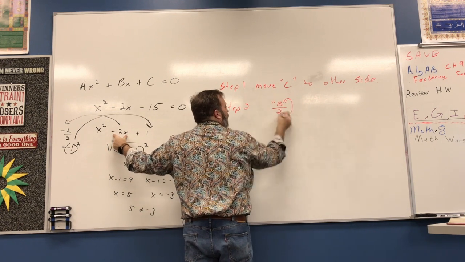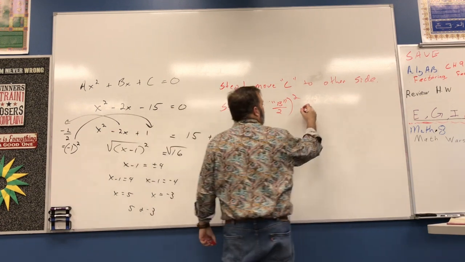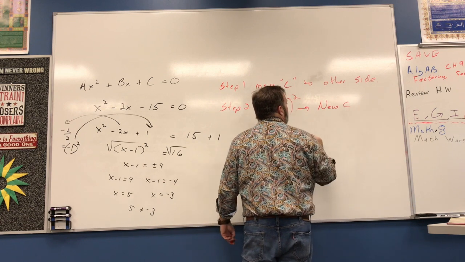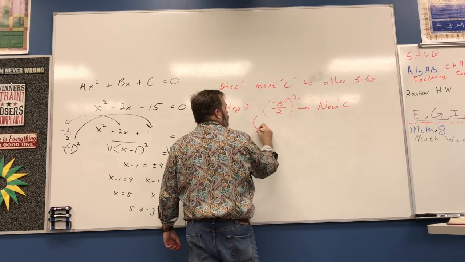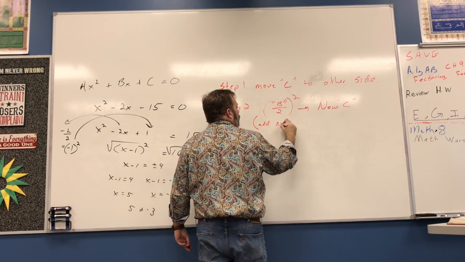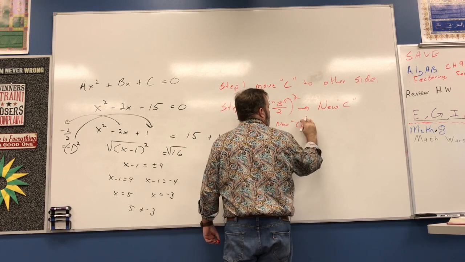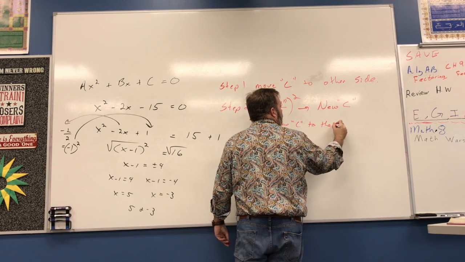Take b, divide by 2, and square it. That becomes the new c. But you also must remember to add that new c to the other side.